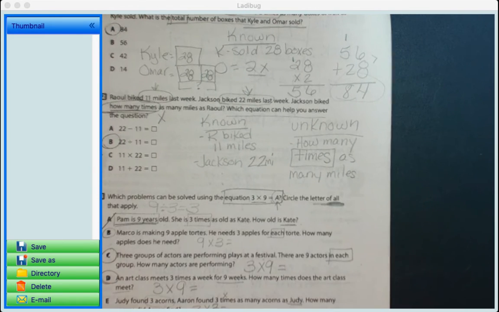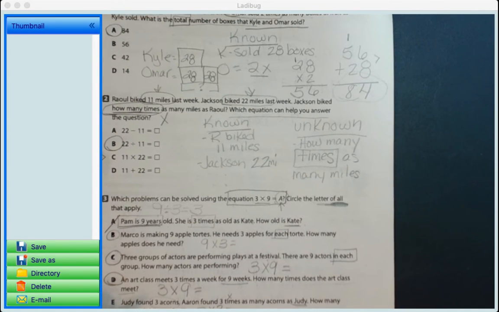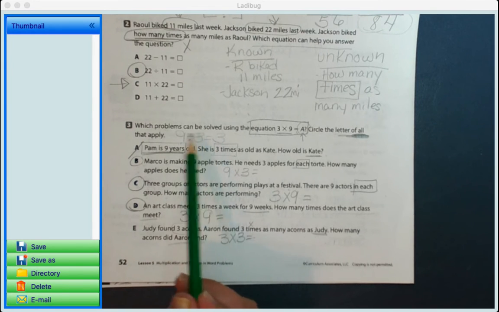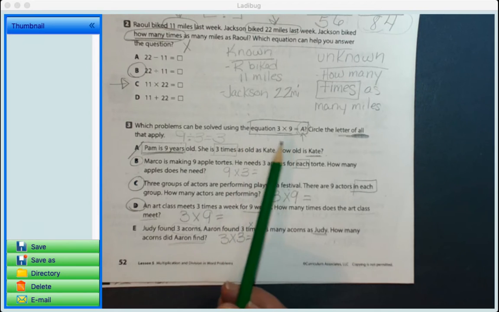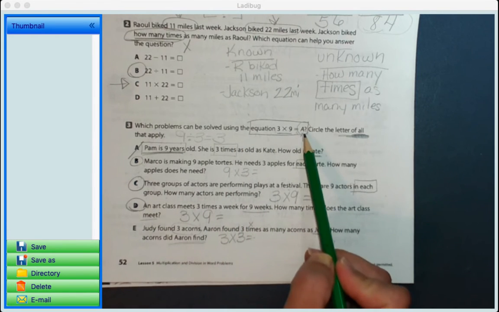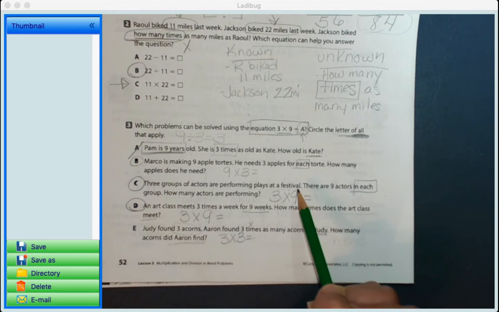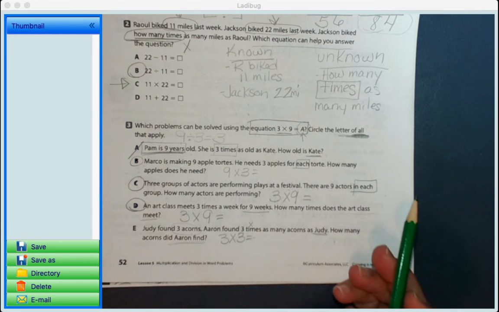We'd already gone over number 3 in class, and I had done it with several of you, but I'll go over it real quick. Which problems can be solved using the equation 3 times 9 equals A? Remember, A is a variable, and you could use any letter in there.